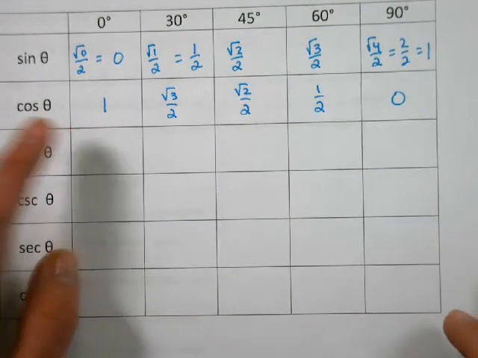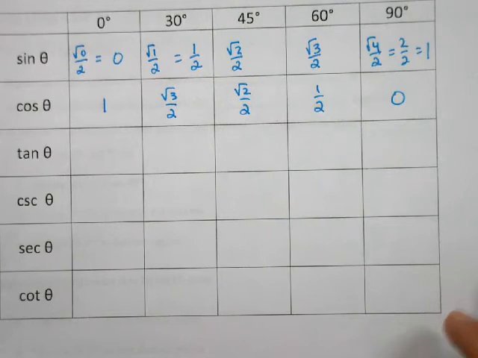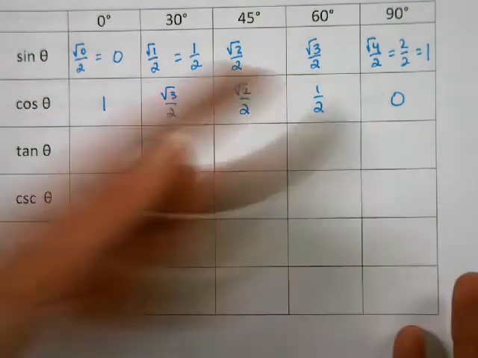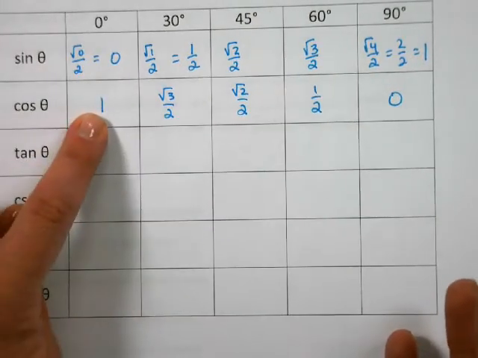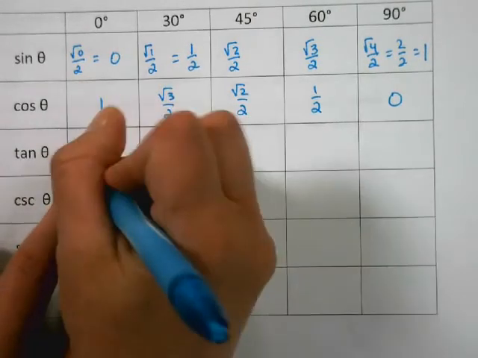All right, now, what do you remember about tangent? We've already talked about it. Sine over cosine. Hey, look, it's all set up for me to do that. I can take that guy and divide it by that guy. So 0 divided by 1 is 0.